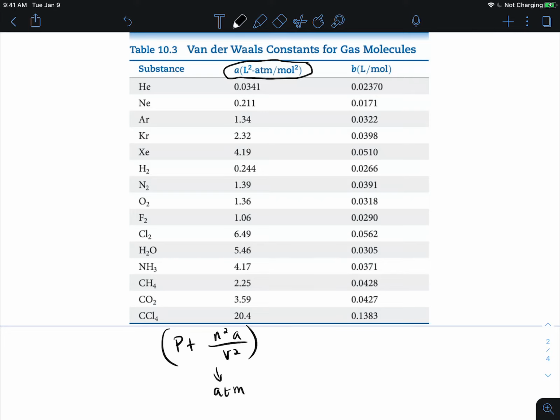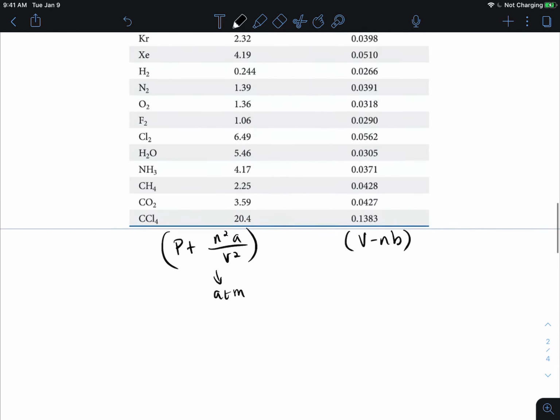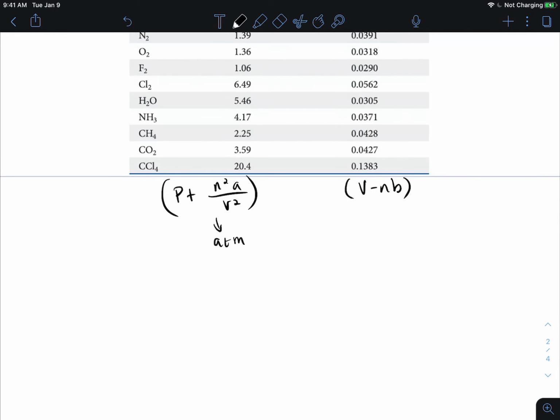So we want our moles squared to cancel out, and we want our liters squared to cancel out. And then when we're using our b term, we want to be left with just liters. So since we're multiplying it by moles, we need to cancel out those moles. So you have some really weird units with a and b terms, but they're just there in order to cancel out units.